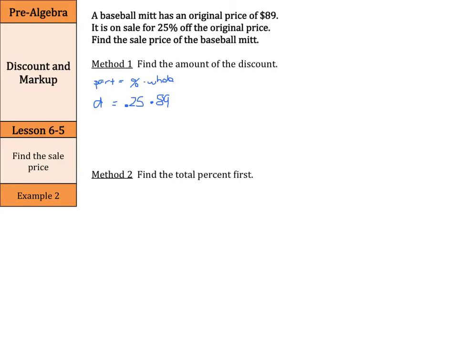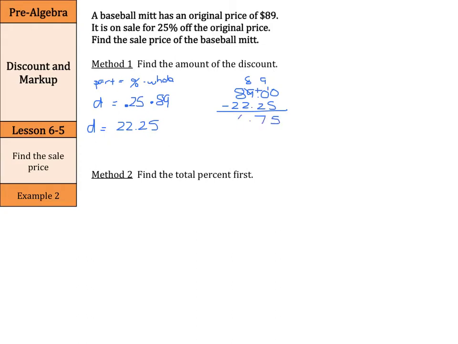When I multiply these two together, I get my total discount of $22.25. So that's how much you're saving. Now to find our new price, our sale price, we can take our $89 and subtract our $22.25. Do some old-fashioned borrowing here.